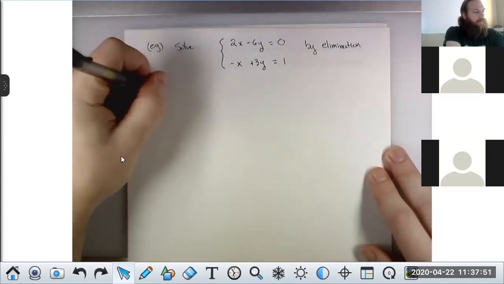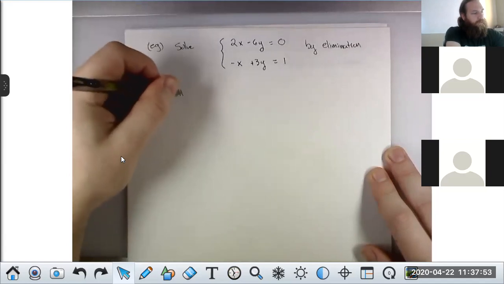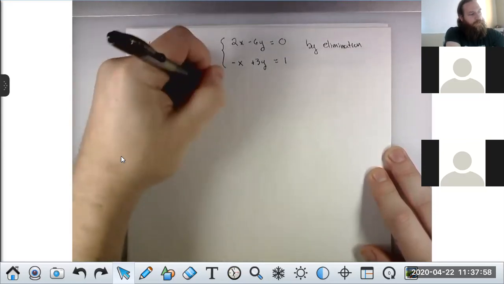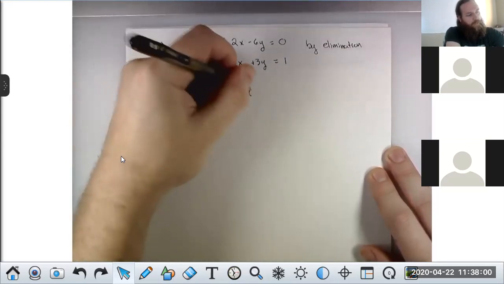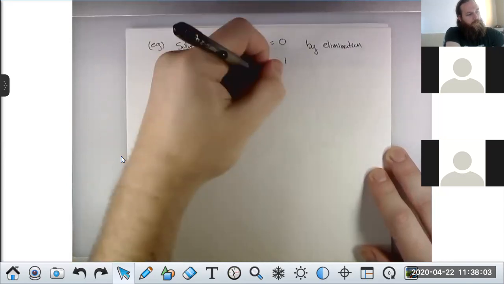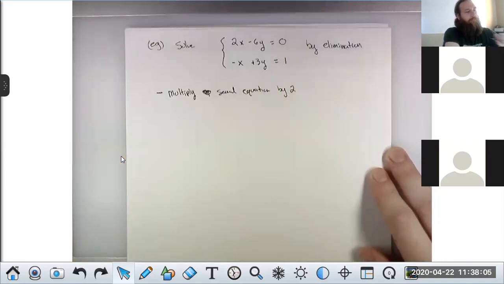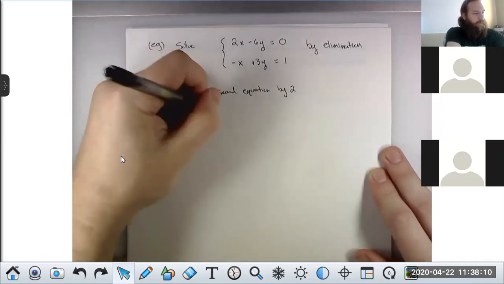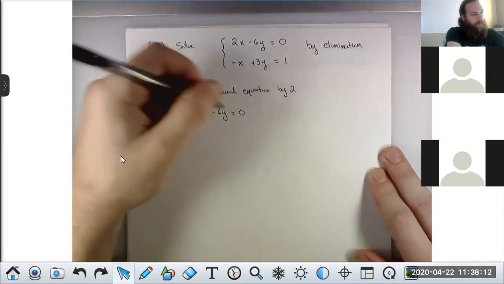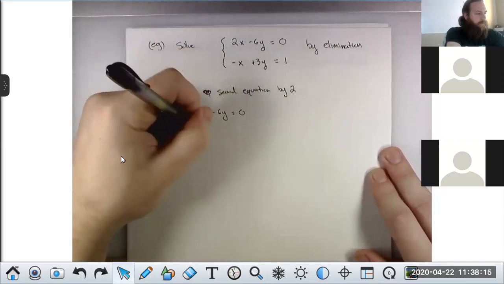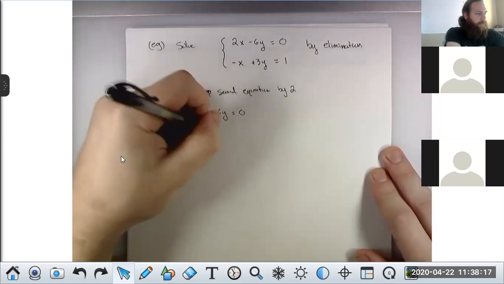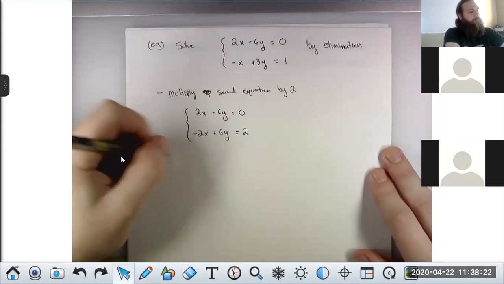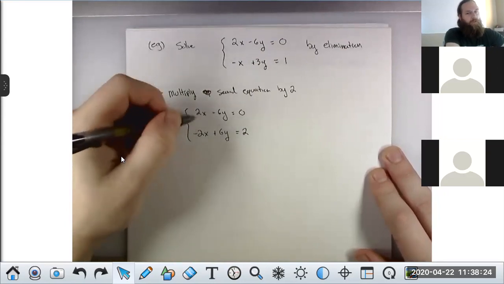So let's multiply equation 2, the second equation, by 2. And what I'll get there is 2x minus 6y equals 0. And then down here I'll have negative 2x plus 6y equals 2. So now this and this are negatives of each other.